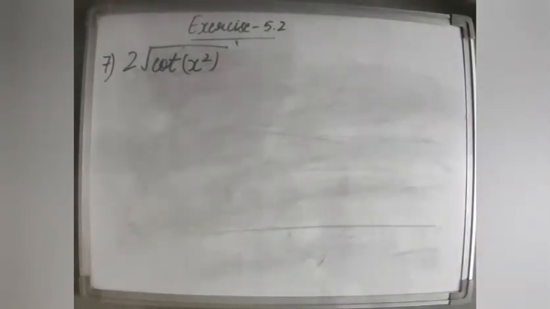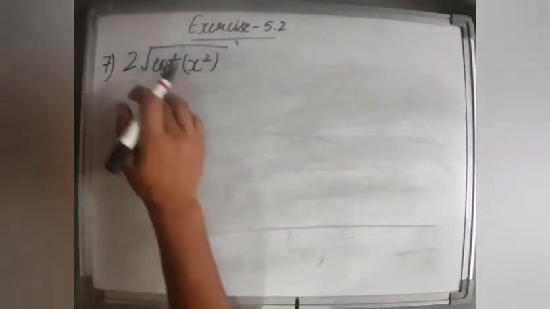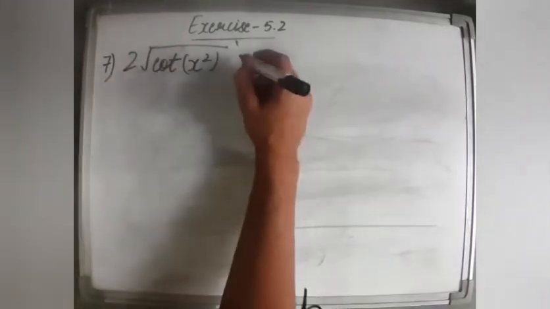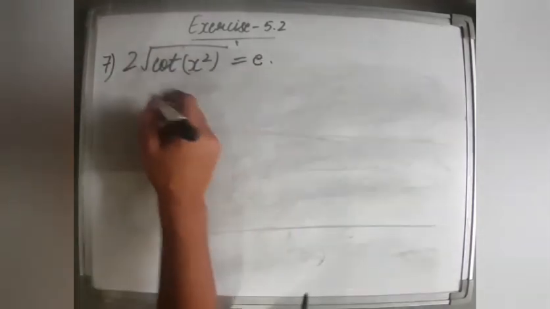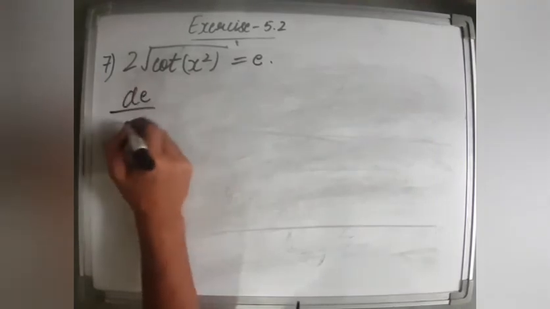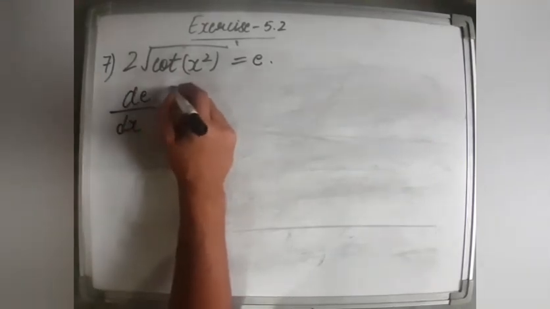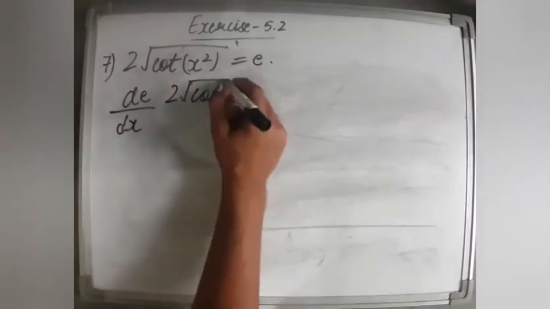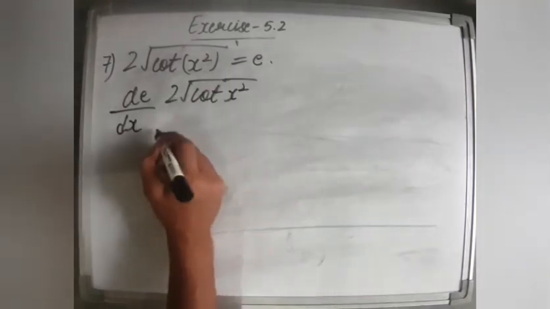So what I was saying, that this question is very important from board point of view. So let us have a look at this question. First of all, assume this as equal to e, and now differentiate this: d upon dx of 2 under root cot x square. Okay, this is what we have got.